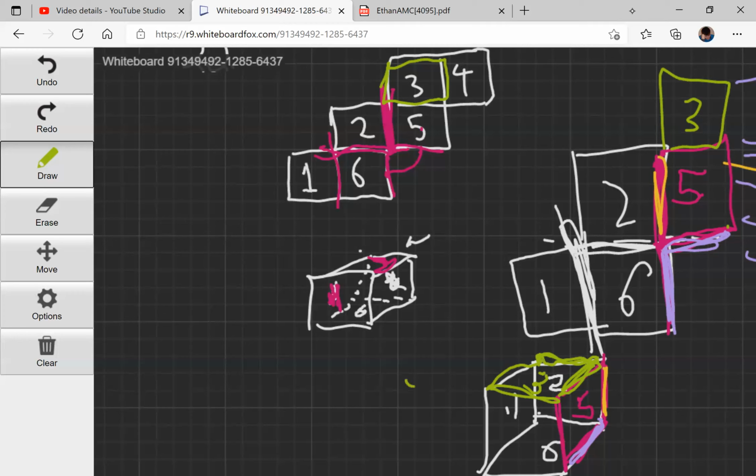But you can actually see from this picture what it is opposite to, right? What is 3 opposite to?